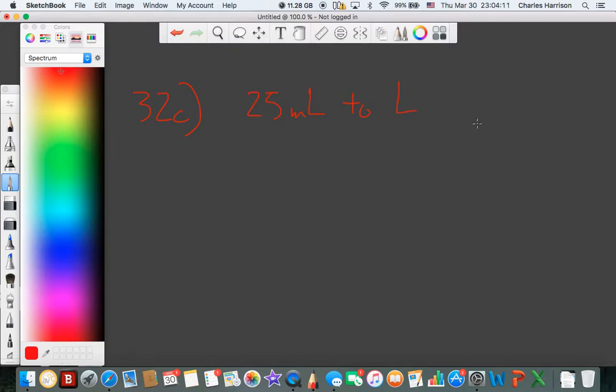All right, again, how many milliliters are in a liter? Well, 1 liter equals 1,000 milliliters. Hopefully you're getting the gist of this. It's 1 liter over 1,000 milliliters. We want to cancel this out because that's 25 milliliters over 1.